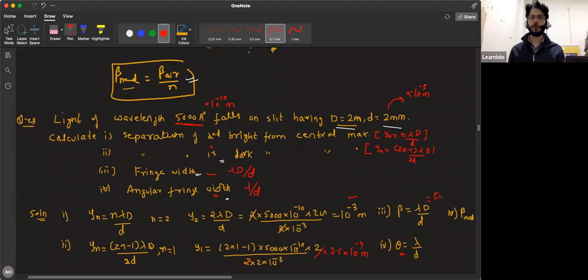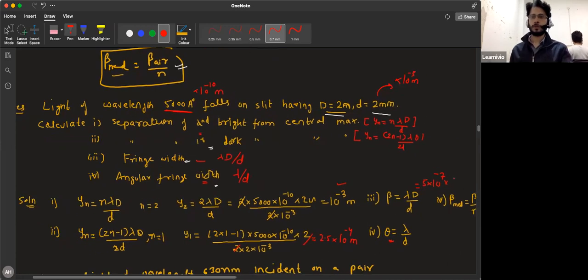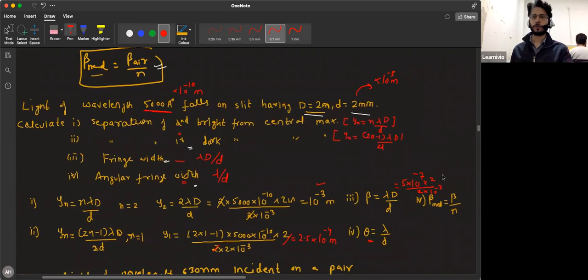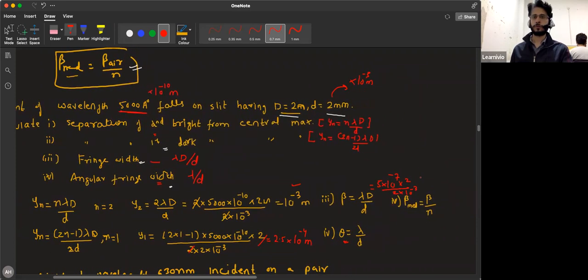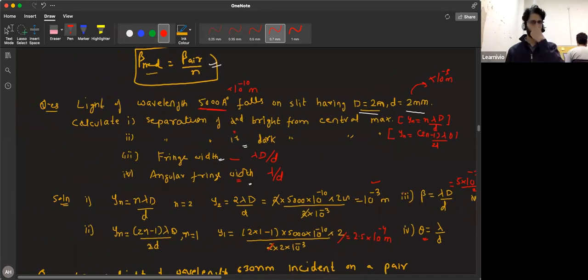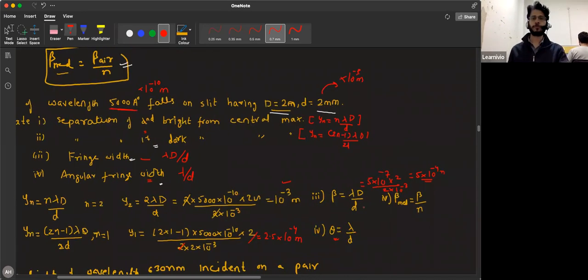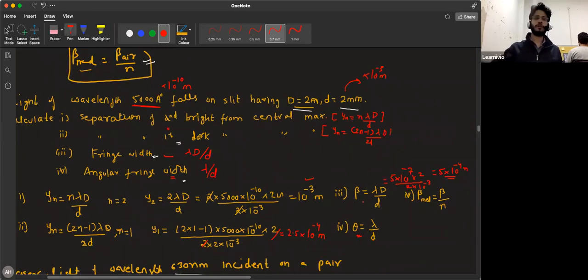Lambda is 5 into 10 raised to the power minus 7, into 2 by 2 into 10 raised to the power minus 3. So this is simply 5 into 10 raised to the power minus 4. These are all formula based, simple calculations.